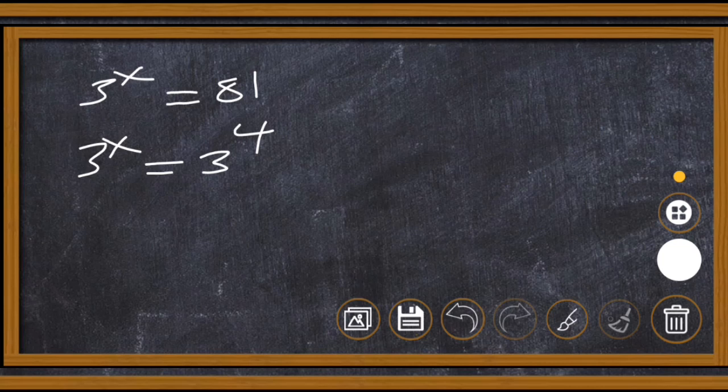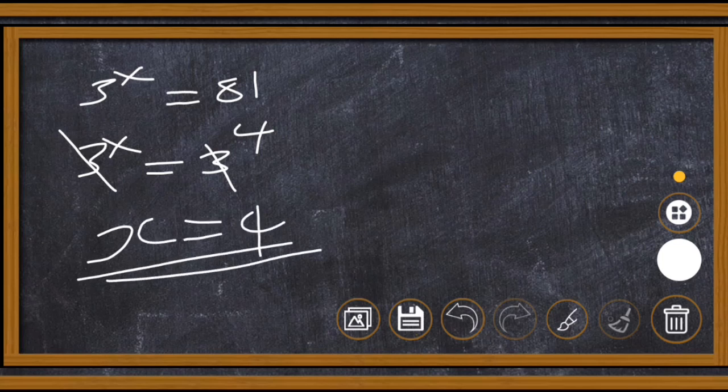So according to the exponent rules, when you have the same values of the bases and you are equating, you can simply cancel them, and then you remain with what? The power. Okay, so this is how we solve it.